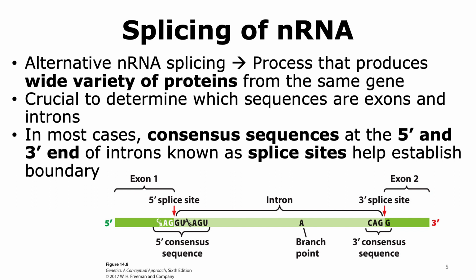Right at the boundary of the 5' end, we can see a 5' splice site at the intron. This is a sequence that normally provides the information that there is a boundary between an exon and an intron. Similarly, there are 3' splice sites at the 3' end of the intron.